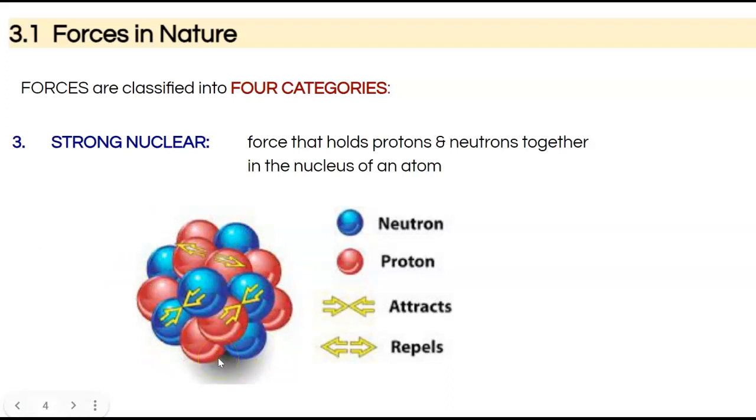And so we know that protons have the same charge, and so there are some repulsive forces there. And so why is it that the nucleus doesn't kind of just blow apart, right? And so we attribute the fact that it doesn't blow apart to some strong nuclear forces that hold those protons and neutrons together in the nucleus, despite repulsive factors.